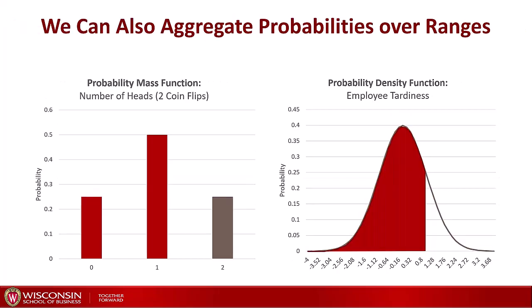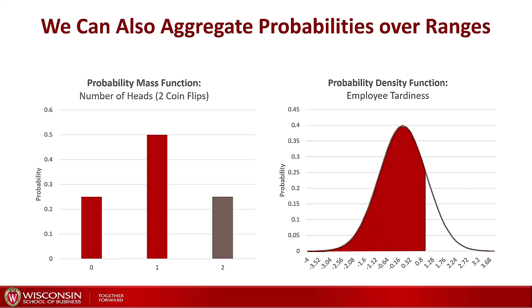When looking at probability distributions, we can also aggregate probabilities over ranges. Say, for example, instead of wanting to know the number of trials in our sample that produced fewer than 2 heads in coin flips, we wanted to know the proportion of trials in our sample that produced fewer than 2 heads in coin flips. So instead of looking at the number, we are looking at the proportion.